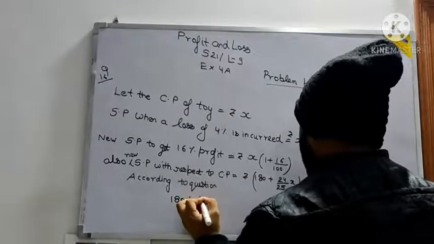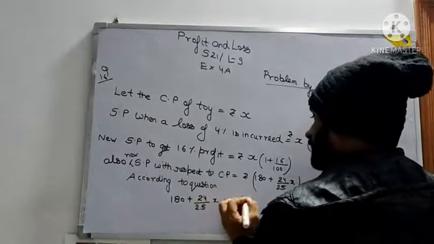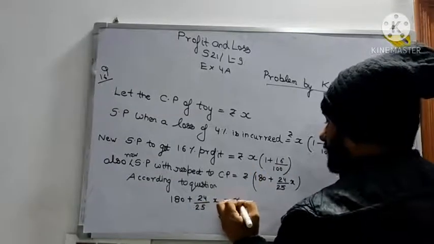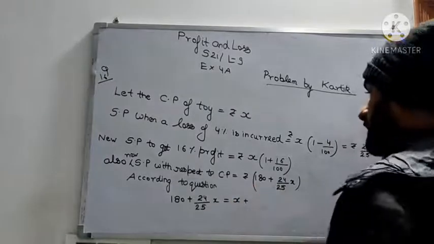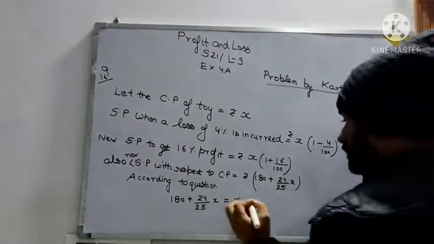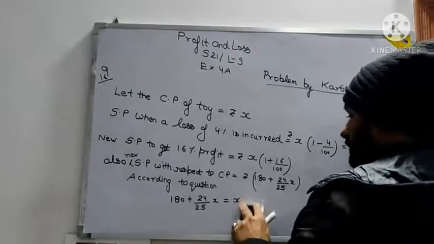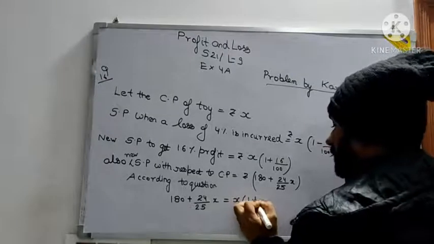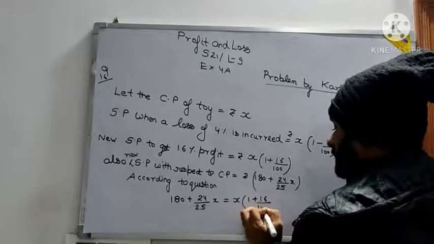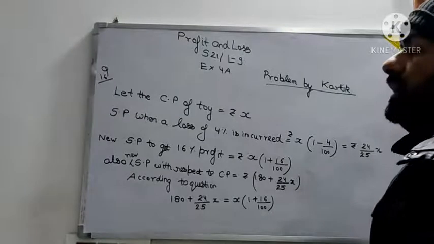180 plus 24 by 25x. So do not multiply x here. Let's first add here, then we'll write here: X into 1 plus 16 by 100. 16 by 100 is 4 by 25. That means 25 plus 4, 29 by 25.